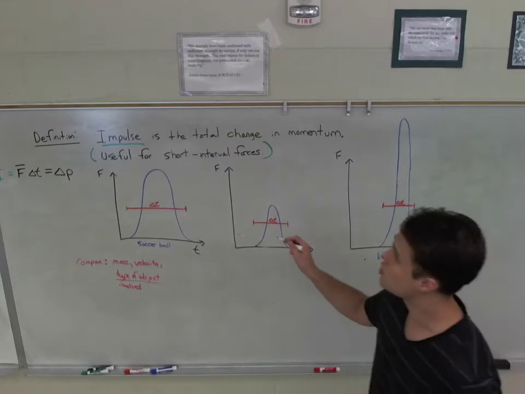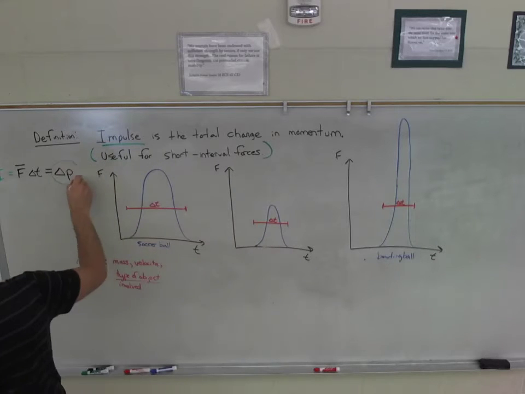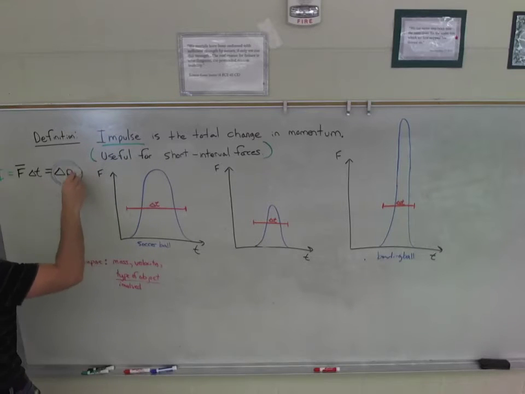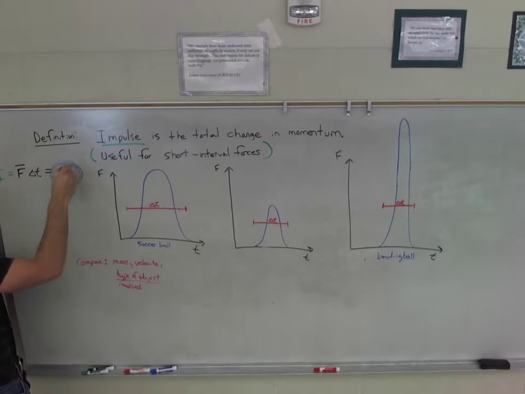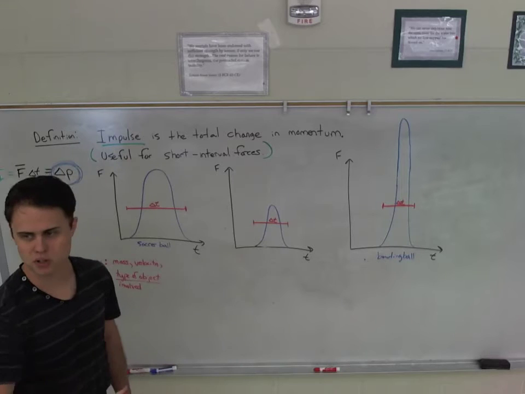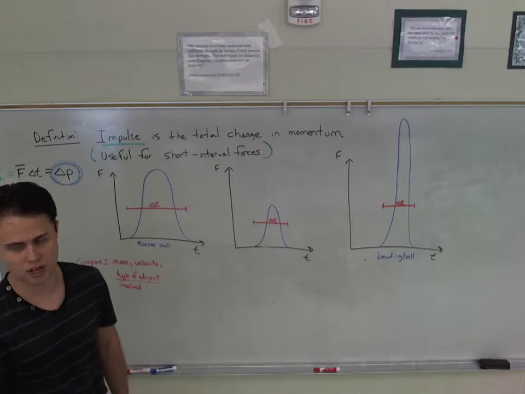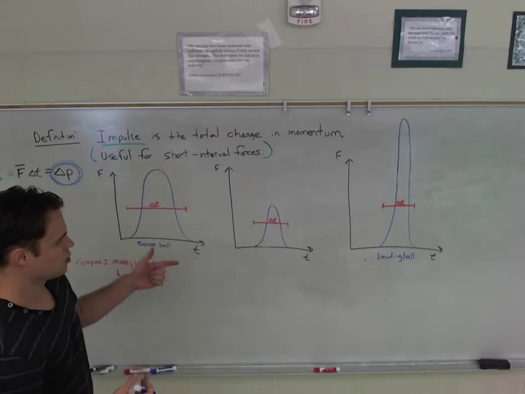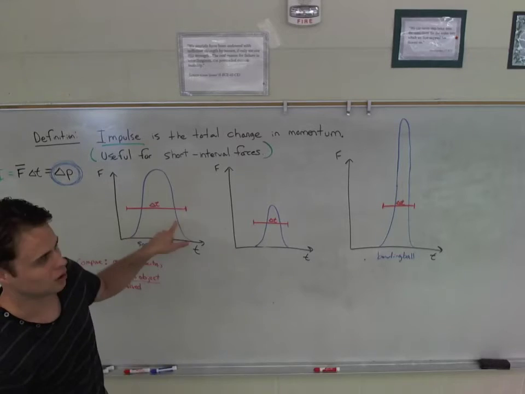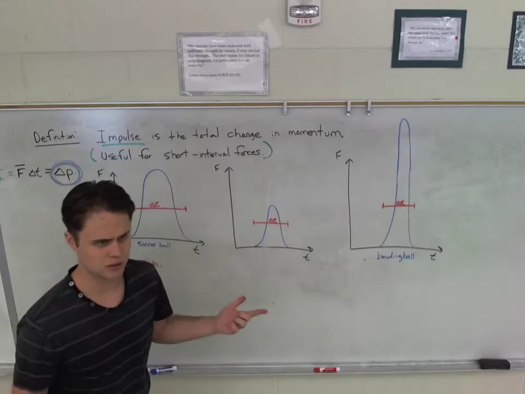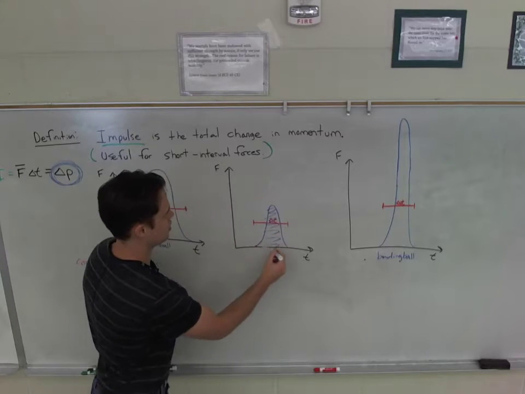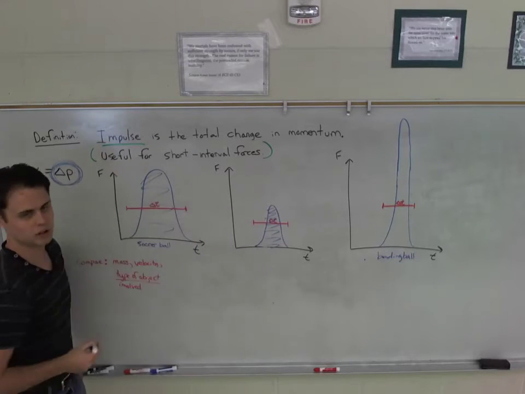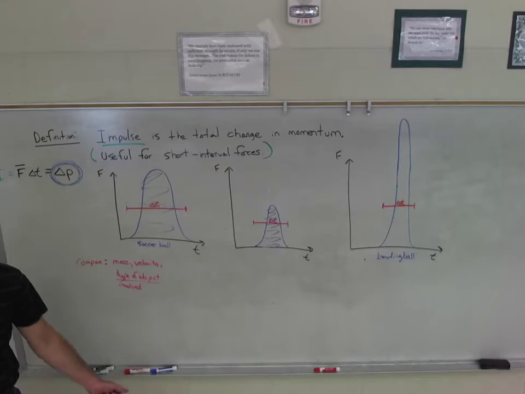Remember, when you take force times time, you get momentum. If you drop a tennis ball, it's going to have a lot less momentum when it impacts versus a soccer ball or a bowling ball, even if it's a light bowling ball. Does that make sense? That's why there's less area under this than under either of those other ones. Does that make sense? Okay.